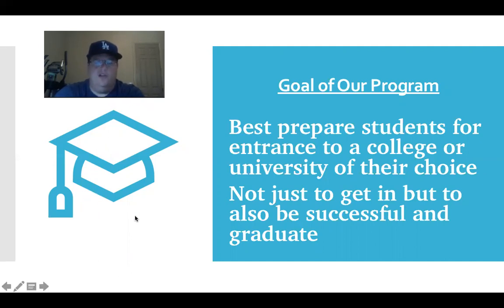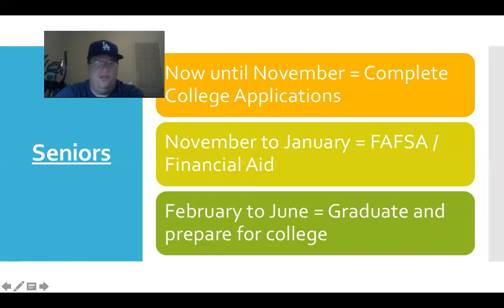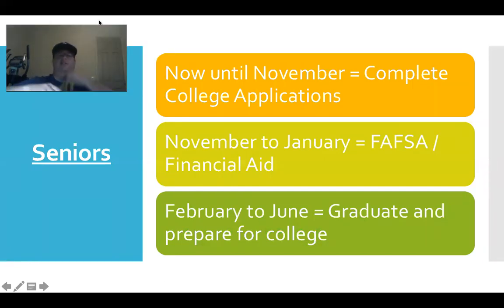All right, so let's talk seniors first. Seniors, so they know this. If they don't know this, I don't know why they don't know this. But right now we are going over college applications, and the work for my class is pretty much to do their college applications. I have put note-taking to the side. I have put other assignments to the side.